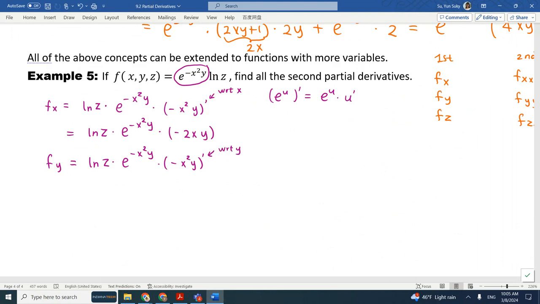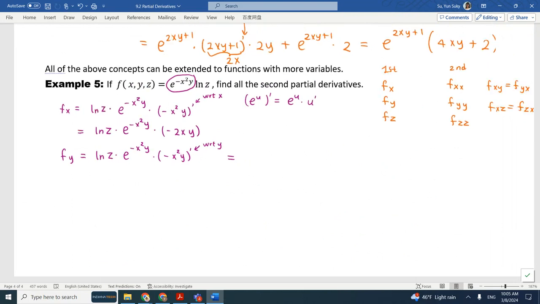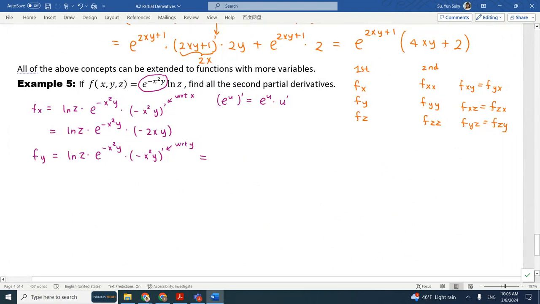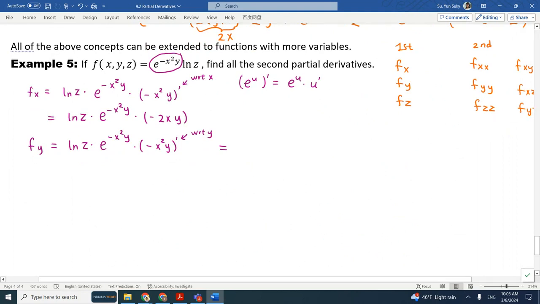So our second step will be different. Let me save some space and write tiny, because you see there are so many things we need to consider for this problem. So ln z, e to the negative x squared y. And what is the derivative with respect to y? Yeah, negative x squared. Okay, so this is partial f, partial y.